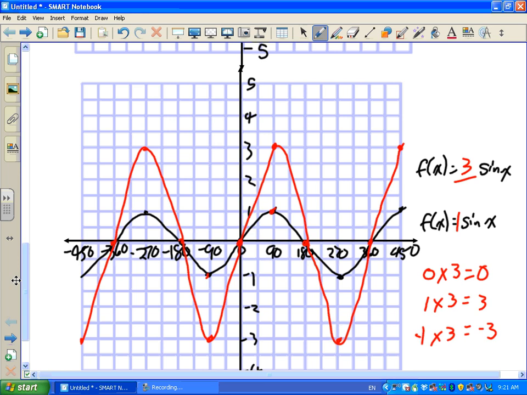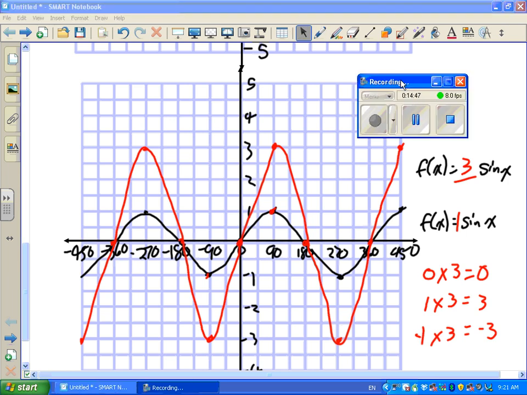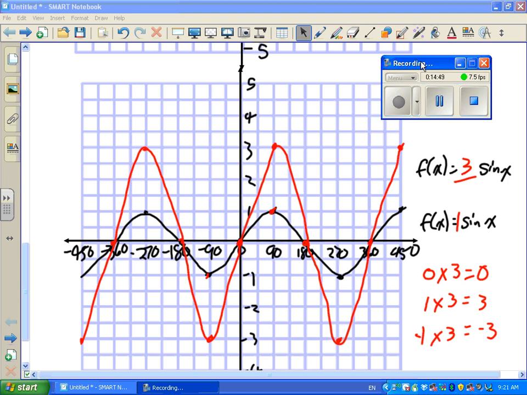So this one goes up 3 times as much. So its peak is 3 times as high, and its trough is 3 times as low as our normal equation. The same idea would be if A was less than 1, it would be compressed by that factor. For instance, if it was a half, I would only go up a half instead of an entire 1.